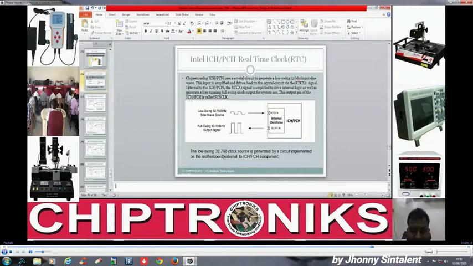And the most important thing is SUSCLK. In many schematic diagrams, or when we discuss the PCH or ICH power timing of all signals, you will find SUSCLK. And what is SUSCLK? Here it's written: internal to ICH PCH, the RTC X1 signal is amplified to drive internal logic as well as generate a free running full swing clock output for system use, and this output pin is called SUSCLK.